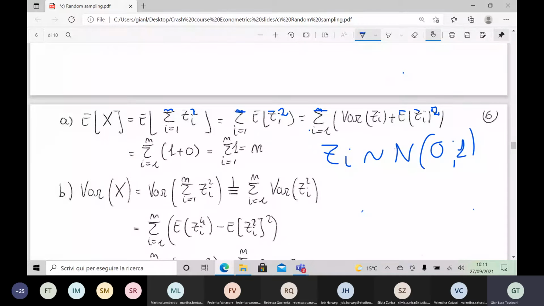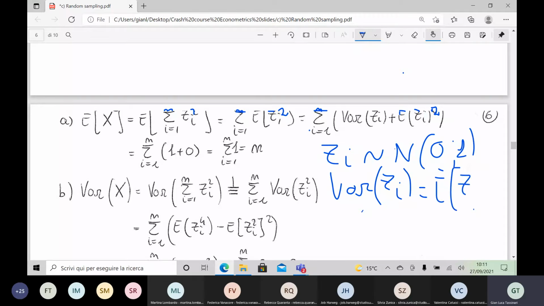Remember that I use zeta i since I want to be consistent with the notation used, but this is true for all possible random variables. The definition of variance, in its equivalent way to compute it, is the expectation of what?